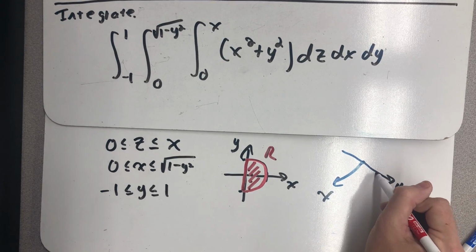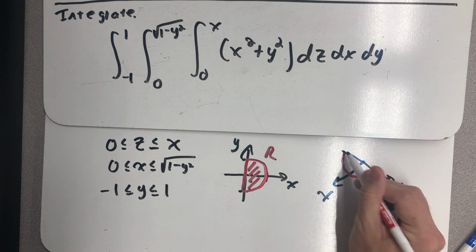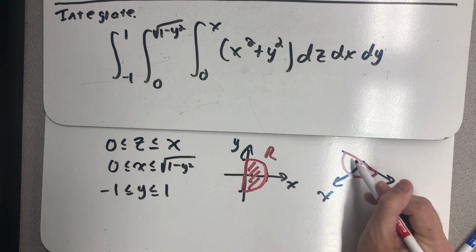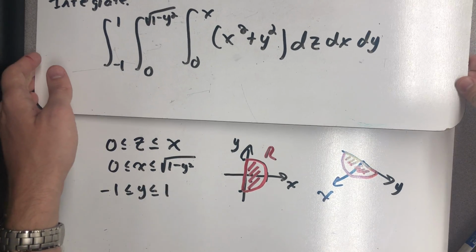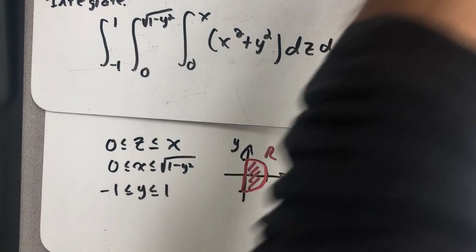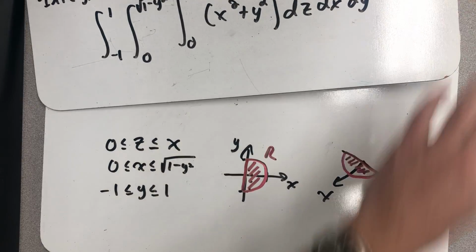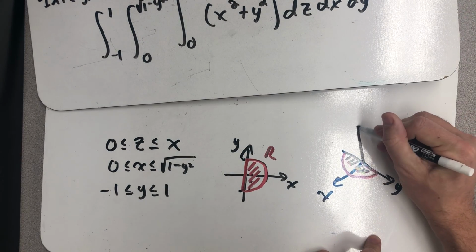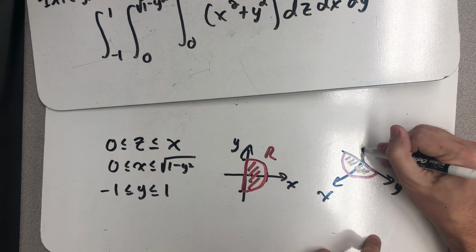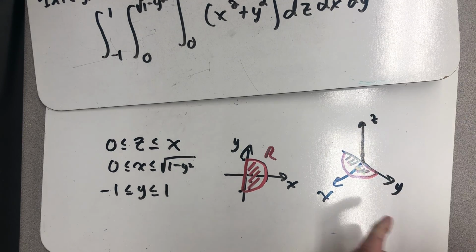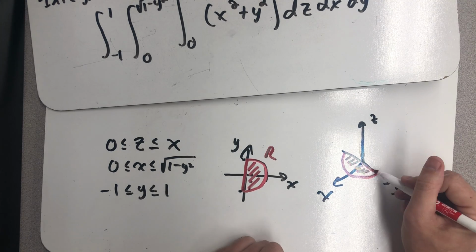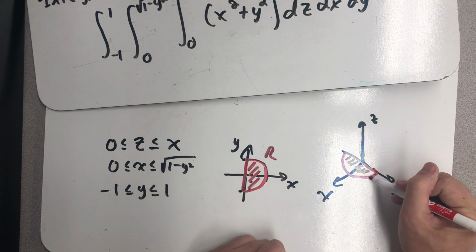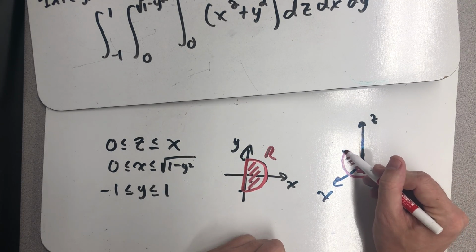I'm first going to imagine spinning what I've drawn into the xy plane, the way I usually would when I'm drawing something in space. So I have a z-axis coming out of the xy plane here. The plane z equals x comes through and slices that way, and so I get a line there and draw a lemon wedge.